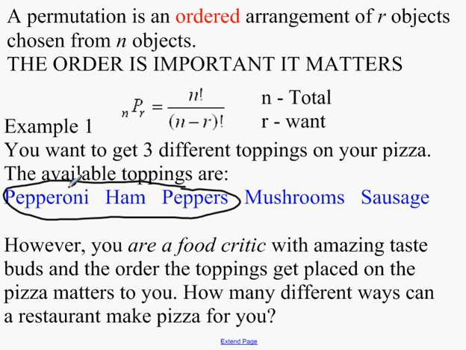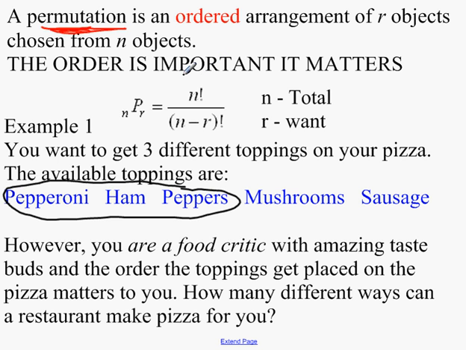And so just imagine for a second. Since the order is important to you because you're a food critic and the order the toppings get placed on the pizza matters to you, we're going to be using a permutation because a permutation is an ordered arrangement of R objects.